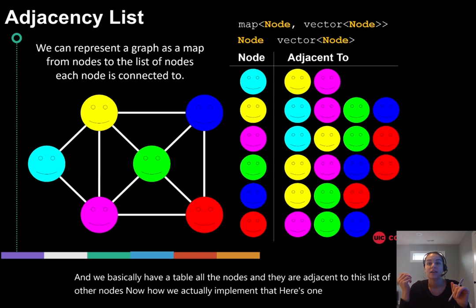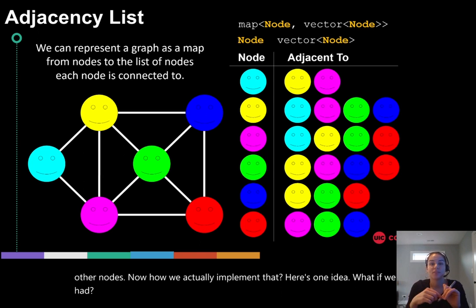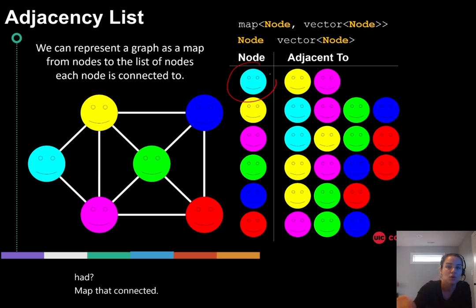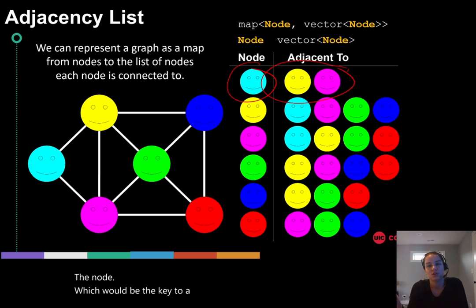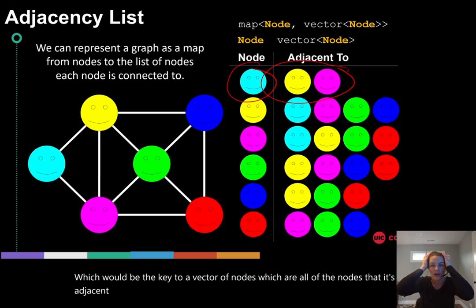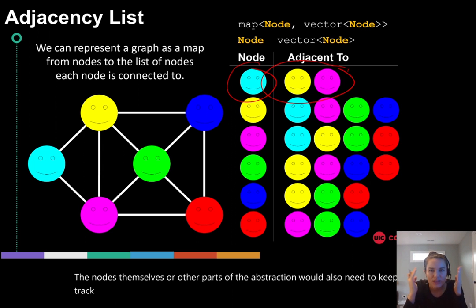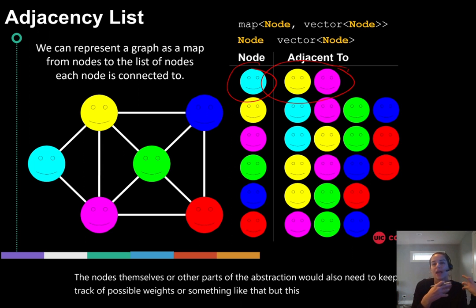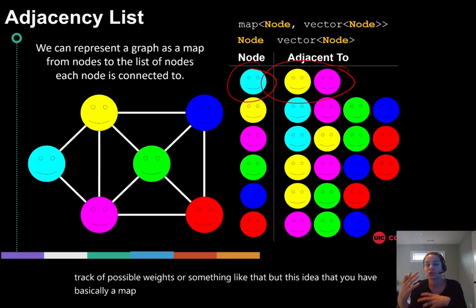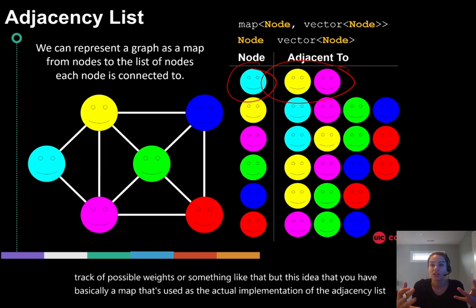What if we had a map that connected the node, which would be the key, to a vector of nodes, which are all of the nodes that it's adjacent to? The nodes themselves or other parts of the abstraction would also need to keep track of possible weights or something like that, but this idea that you have a map that's used as the actual implementation of the adjacency list representation is what I'm trying to get you to think about.